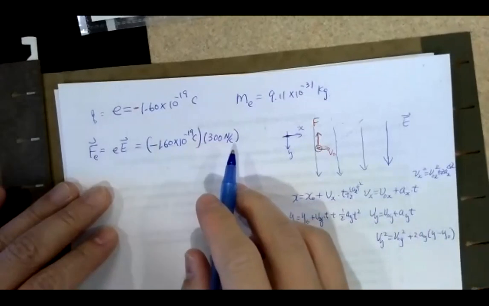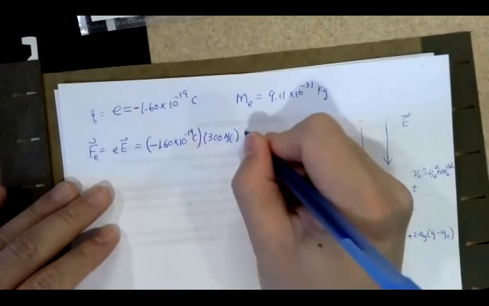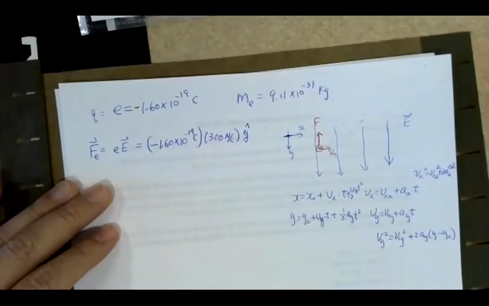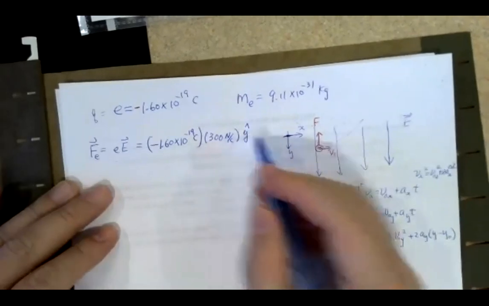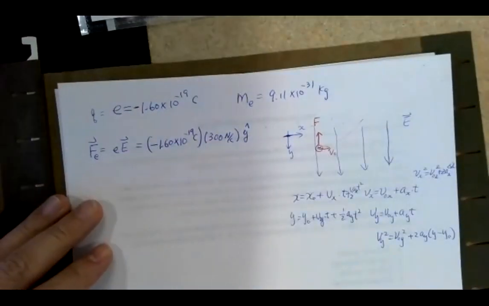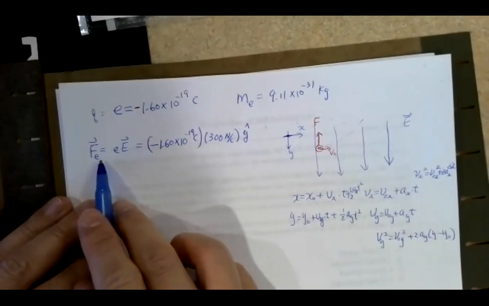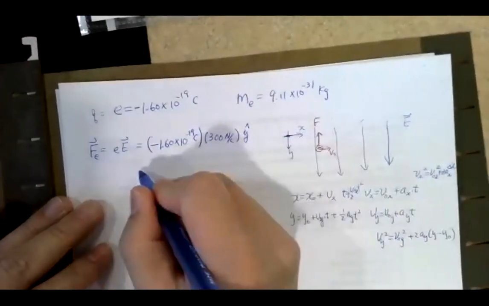It says that's in the positive y direction, so let me use y with a hat to denote positive y. The negative sign means the force is in the negative y direction.